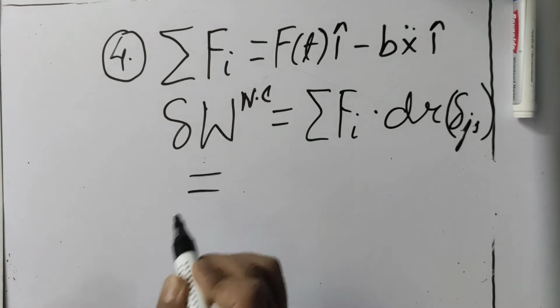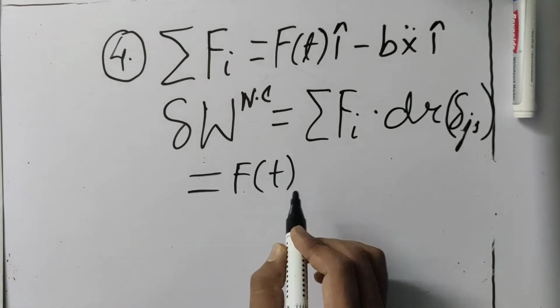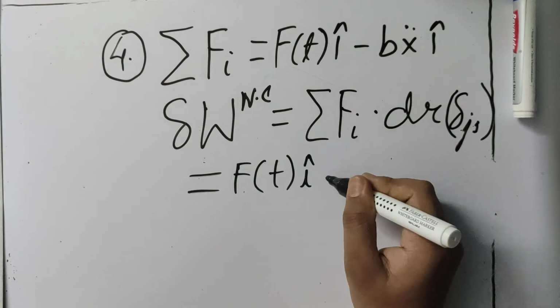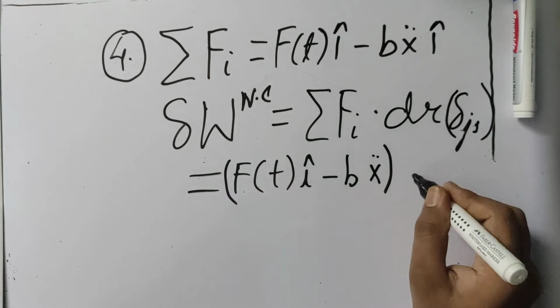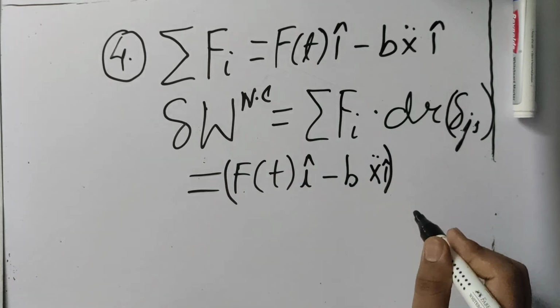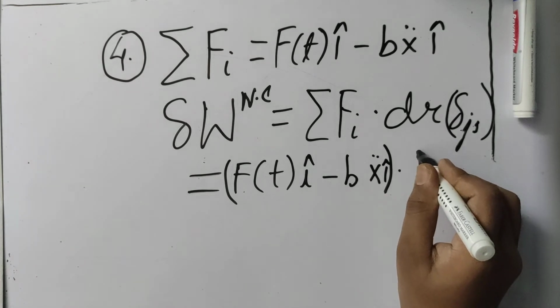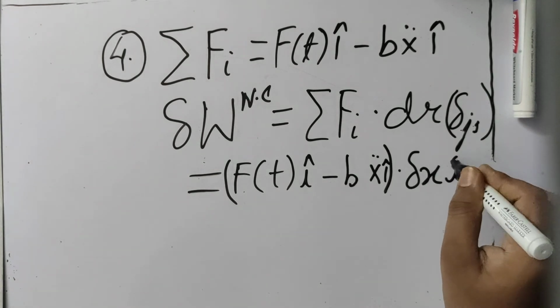So we can write this virtual work done as something like this. There's an I cap dotted with our dr, which is basically a function of these del j's. So del x I cap.